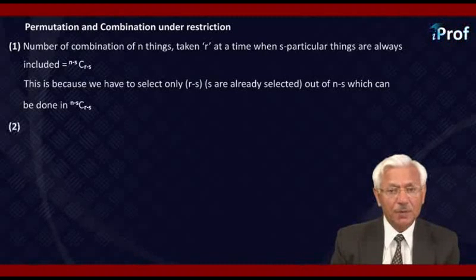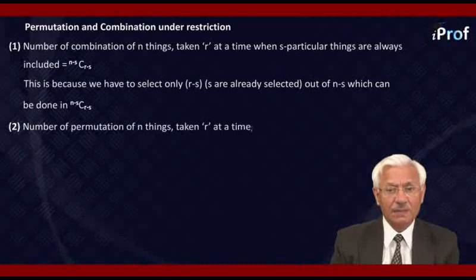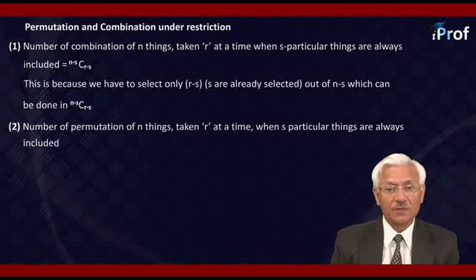Second, the number of permutations of n things taken r at a time when s particular things are always included is equal to n minus s C r minus s into r factorial.